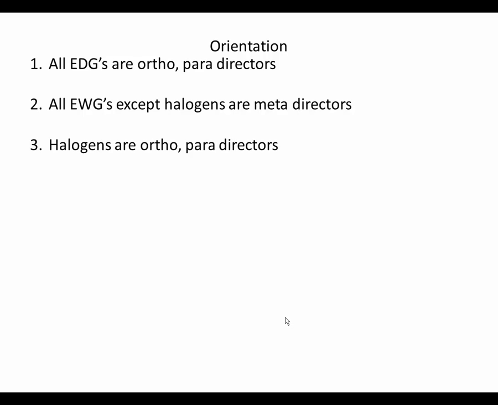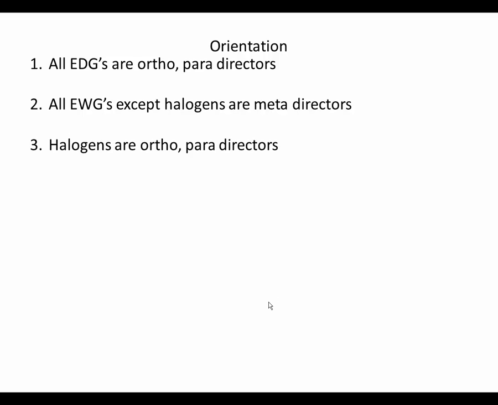We can summarize the rules of direction in three phrases here. Situation number one, all electron donating groups are ortho para directors. Situation number two, all electron withdrawing groups except halogens are meta directors. And situation number three, halogens are ortho para directors.